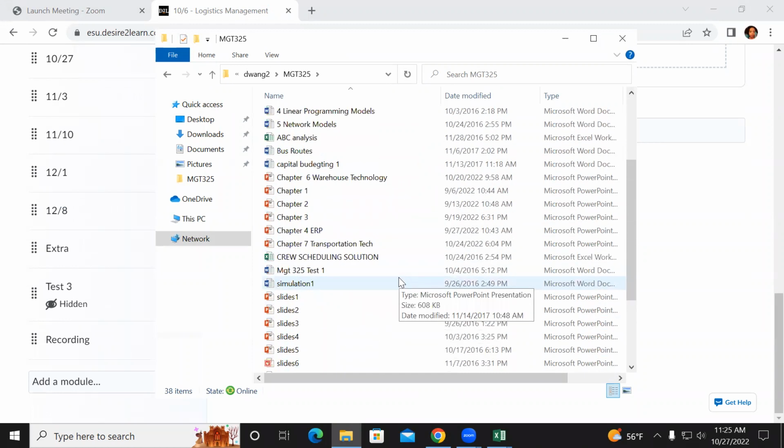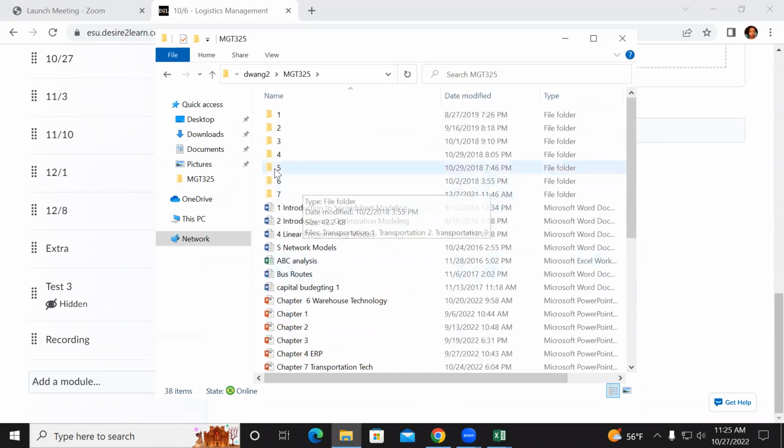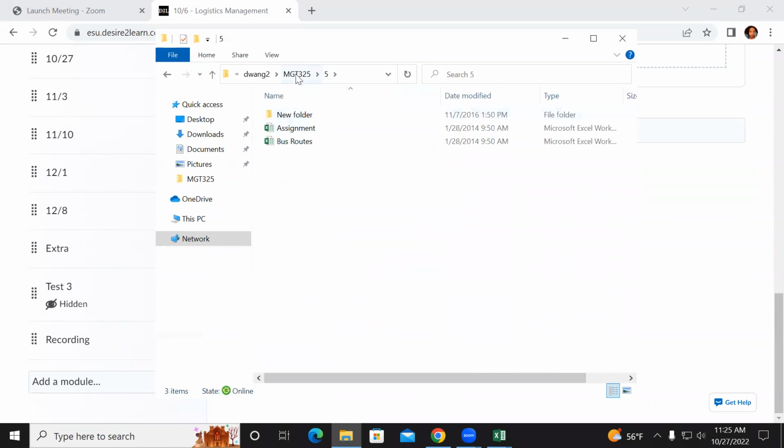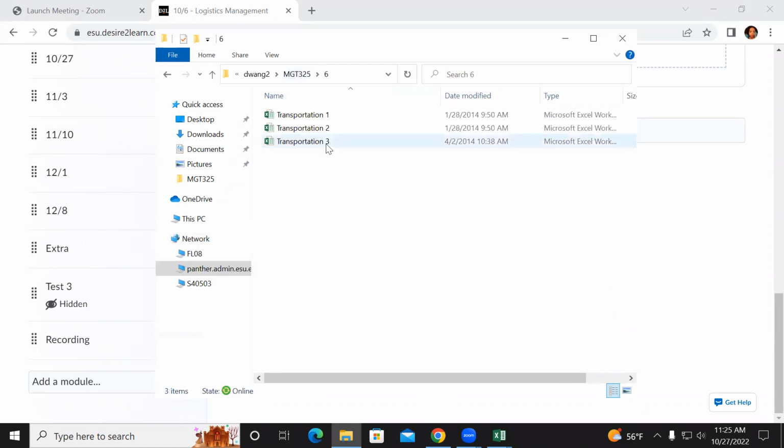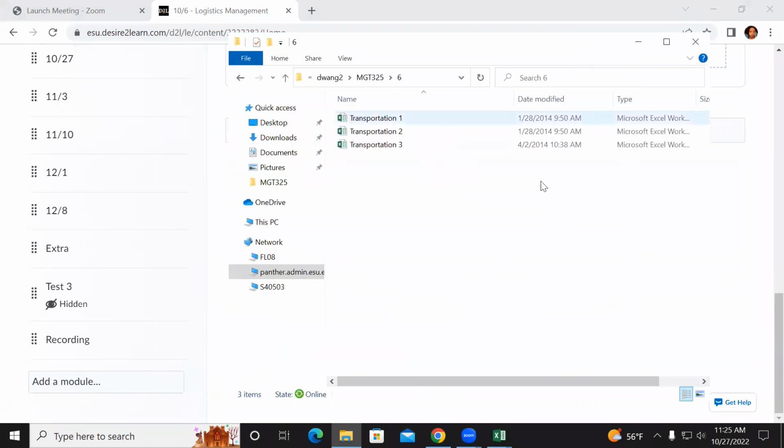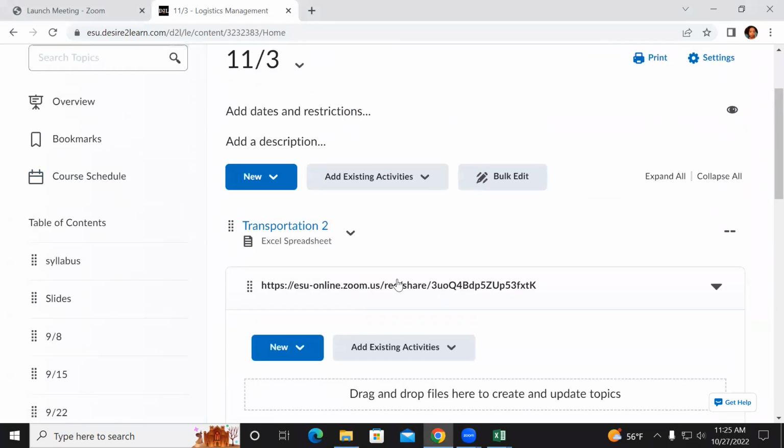Might not have it. Oh, transportation 3. Okay, I'm going to put transportation 3 under here.